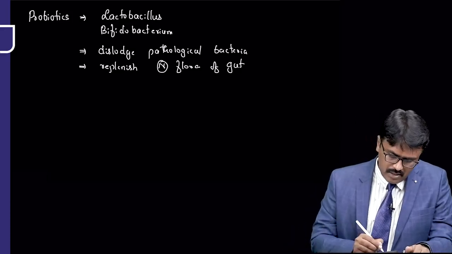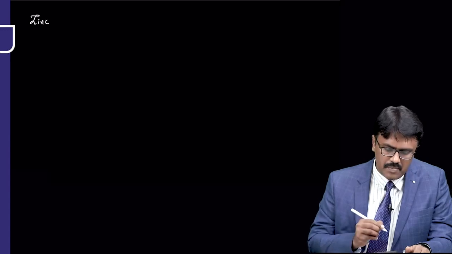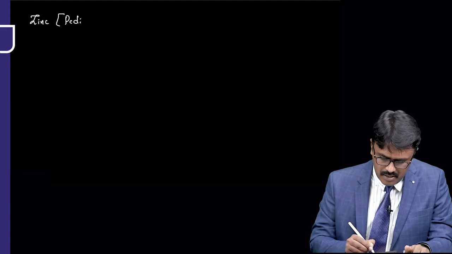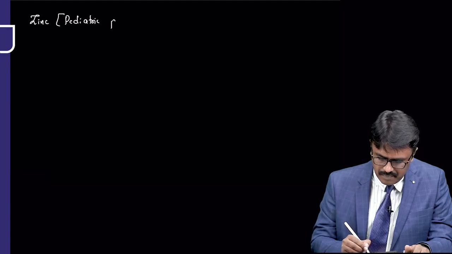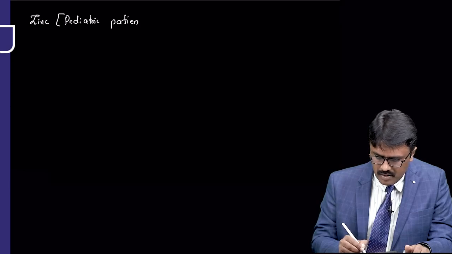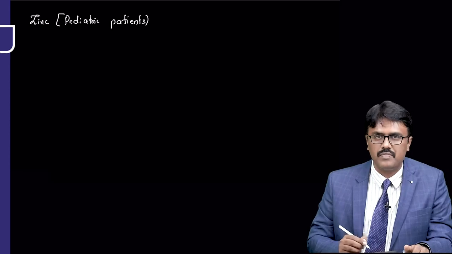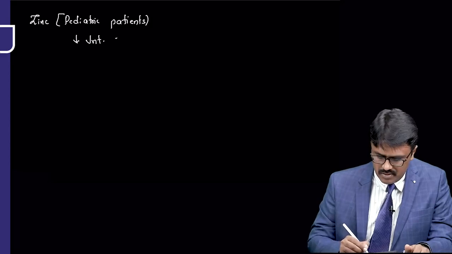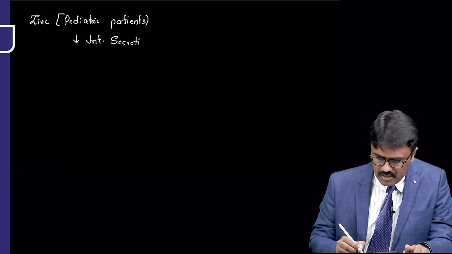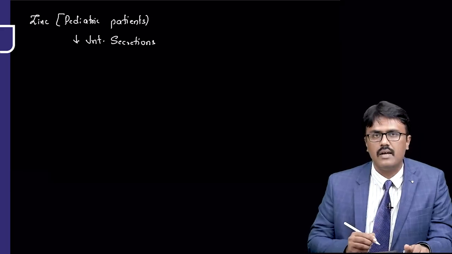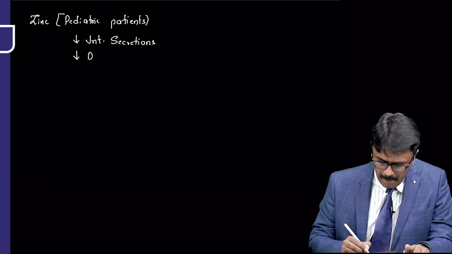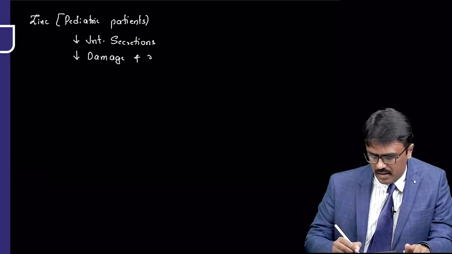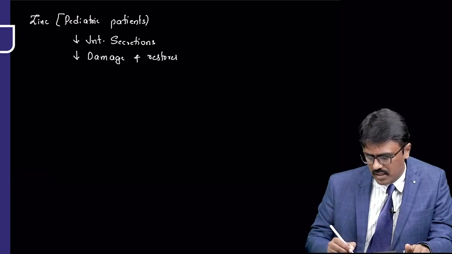One more thing that has been added, particularly in pediatric patients, is zinc. So zinc is added in pediatric patients. Now what is the reason why we use it? Zinc has been shown to decrease the intestinal secretions and decrease the damage, and restore the intestinal epithelium.